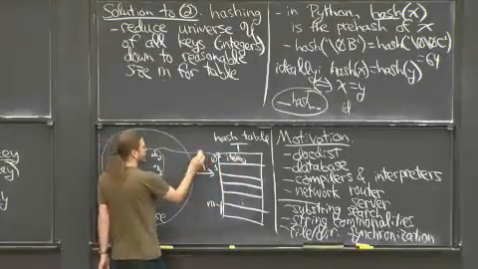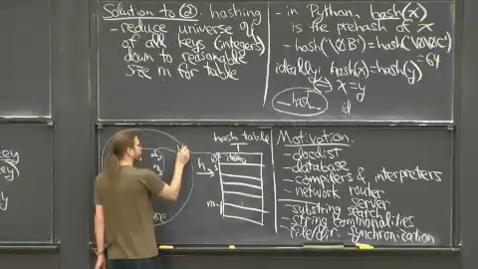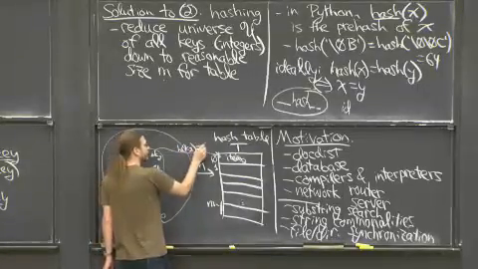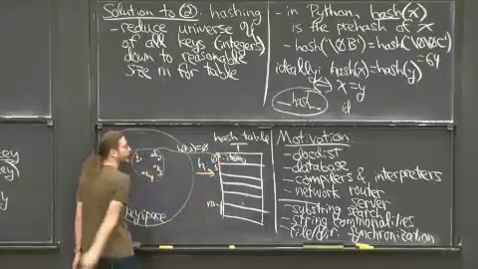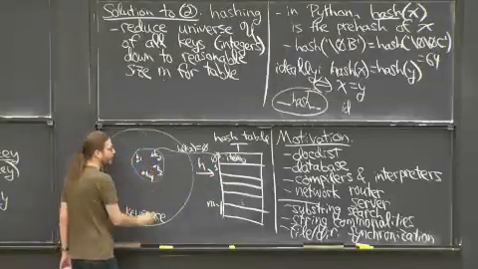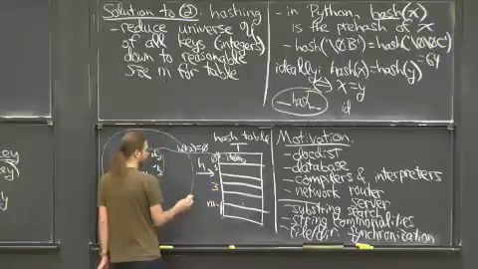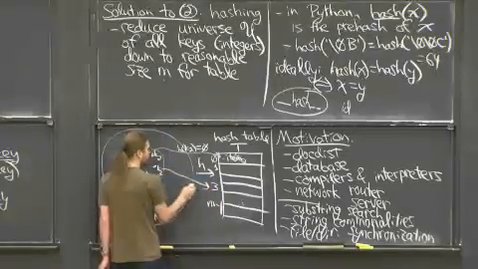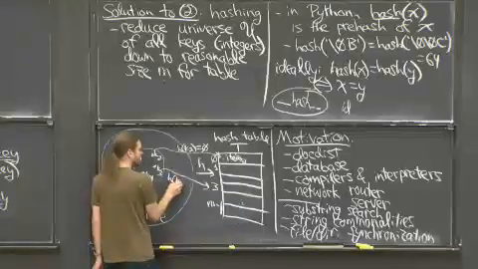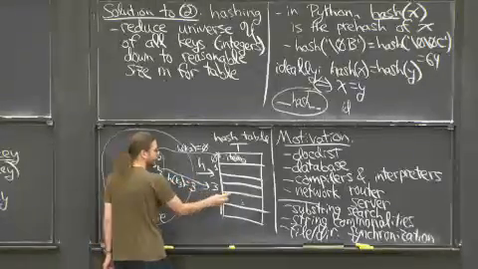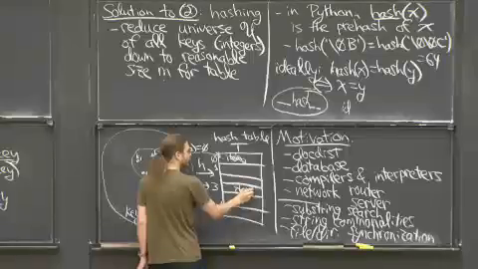In particular, if h of K2 equals 0, then you'd put item 2 there. Item 3, let's say it's at position 3, that would be a bit of a coincidence, but what the hell? Maybe h of K3 equals 3, then you put item 3 here.